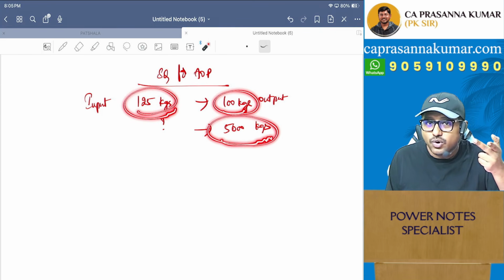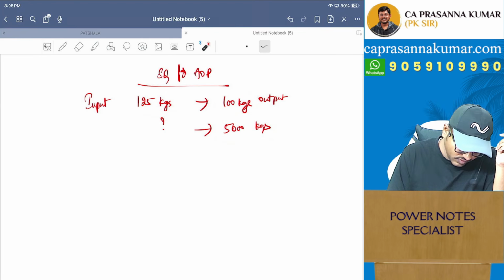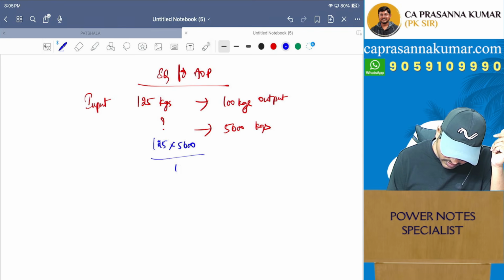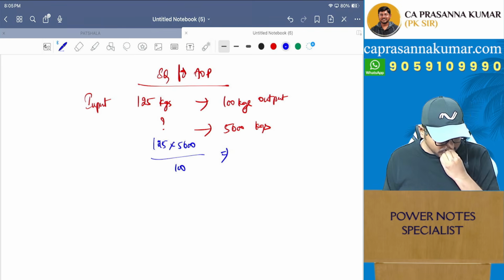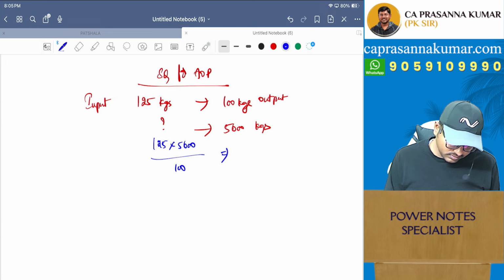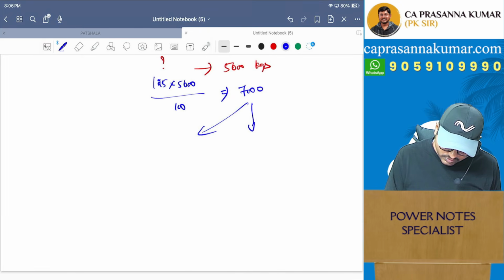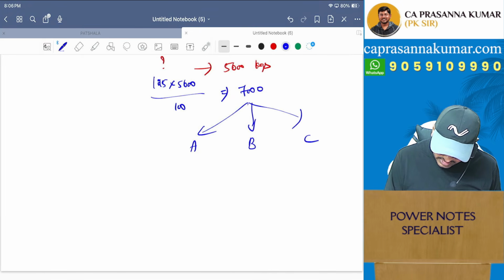So your answer will be 125 into 5600 divided by 100, which gives 7000 as standard quantity.